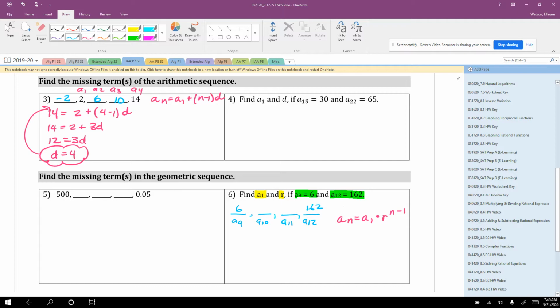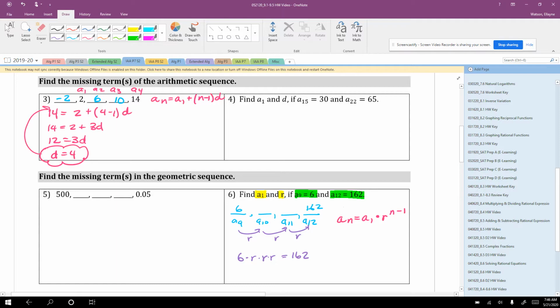I like to think of it as I take 6, I multiply it by r to get a sub 10. I multiply a sub 10 by r to get a sub 11. I multiply a sub 11 by r to get a sub 12. So really what I'm doing is I'm saying 6 times r times r times r is equal to 162.